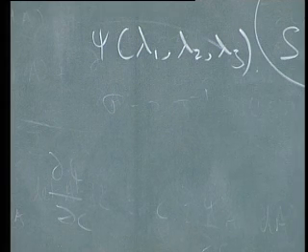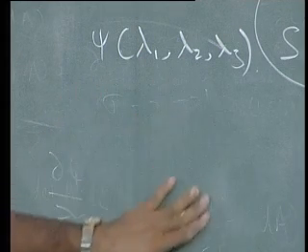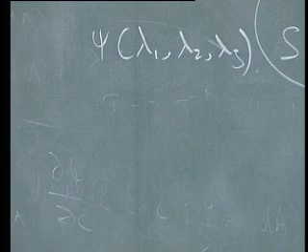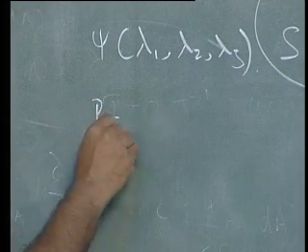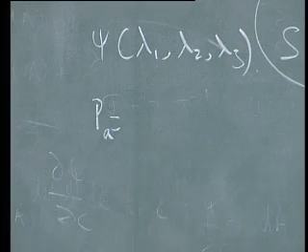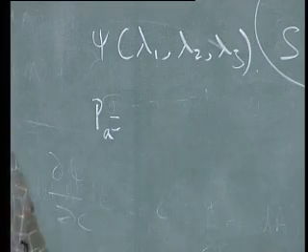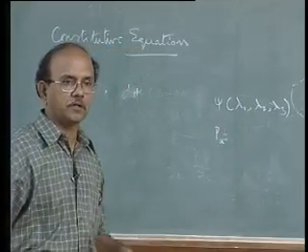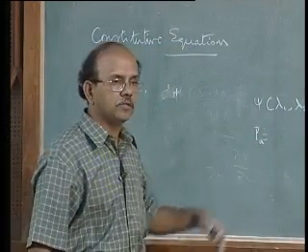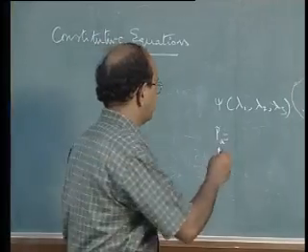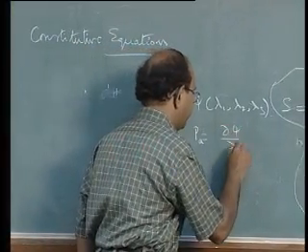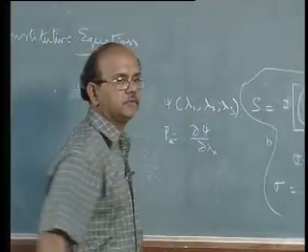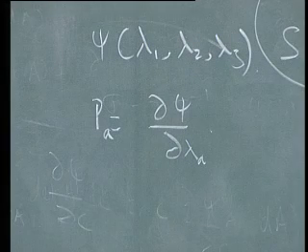I'm not going to derive this, and again it's a big derivation. We can write down P_A, the principal stress, or in other words, the corresponding first Piola-Kirchhoff stress, A varies from 1 to 3, to be dou psi by dou lambda A, an often used expression.